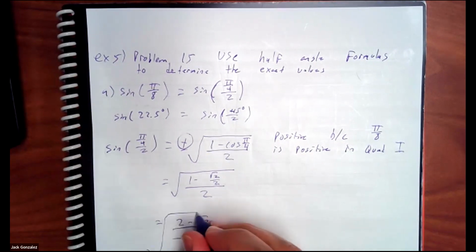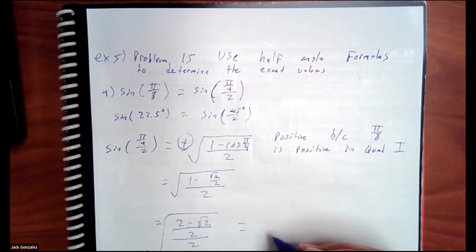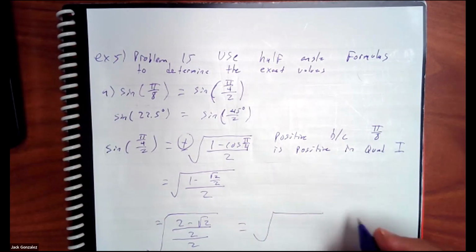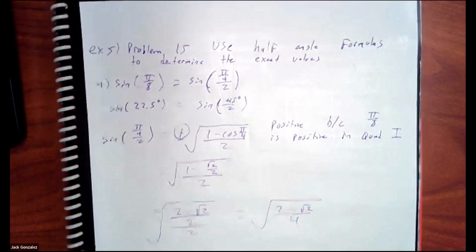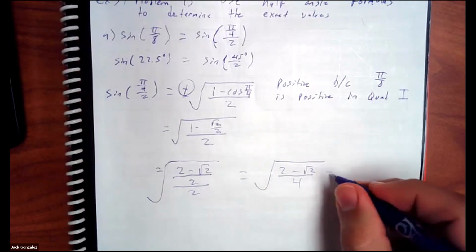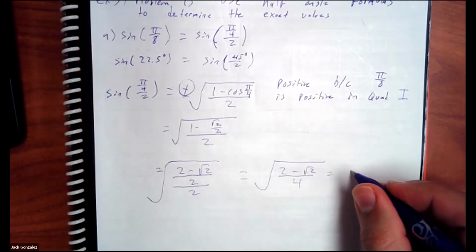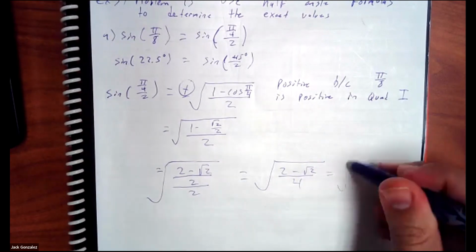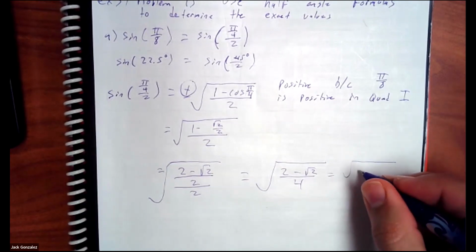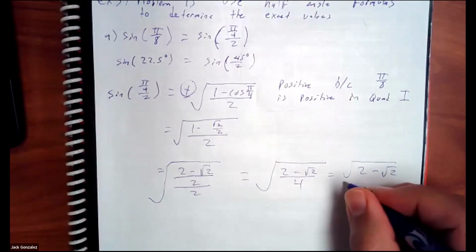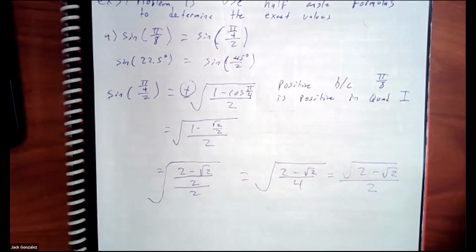This looks funky, which will be 2 minus square root 2 over 4, which would then reduce to 2 minus root 2 over 2.